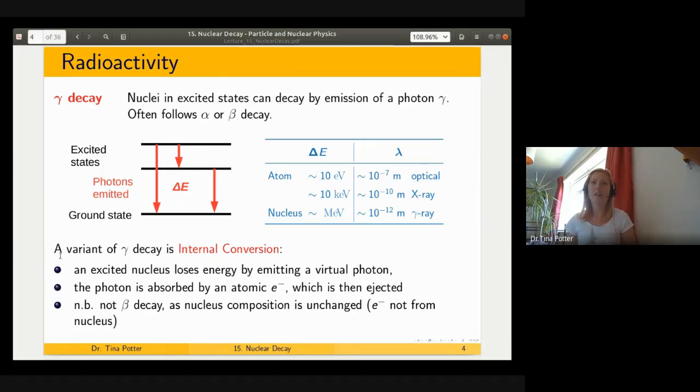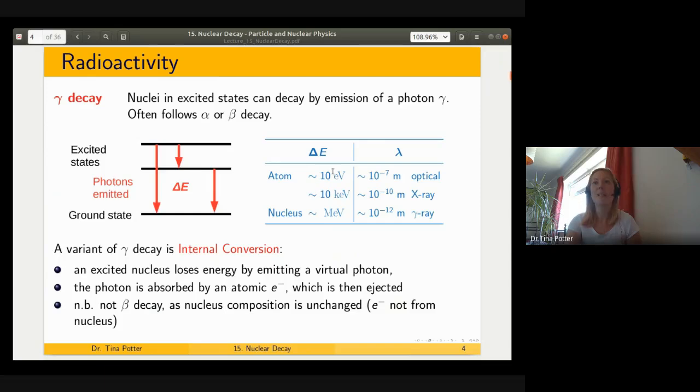And finally, last but not least, we have gamma decay. And these are very high energy photons that are emitted when a nucleus drops from an excited state down to other excited states, but eventually to its ground state. Now, these photons are very, very energetic. When you compare them to the photons that are emitted from electrons as they drop down energy levels while orbiting atoms, they are very, very high energy.